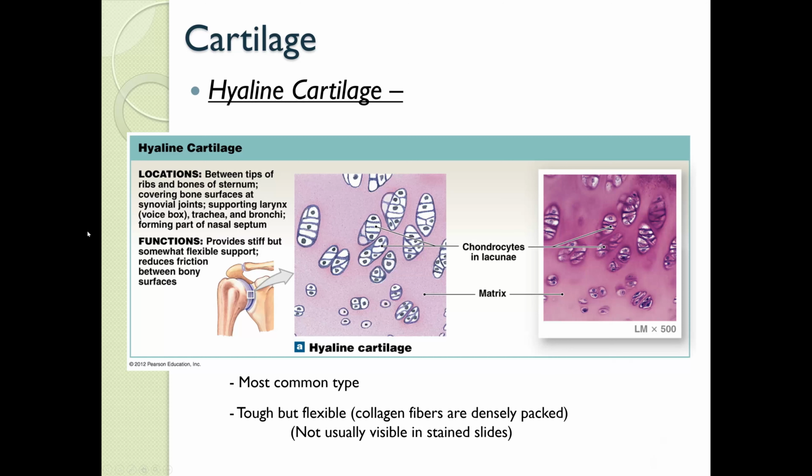So in the lab, when you look at this tissue, it will look very smooth between the lacunae. And again, remember, cartilage is characterized by these chondrocytes, which are the little cells that are in these little bubbles called lacunae. And so if you see this smooth area between the lacunae and you don't actually see fibers, then it should be hyaline cartilage.